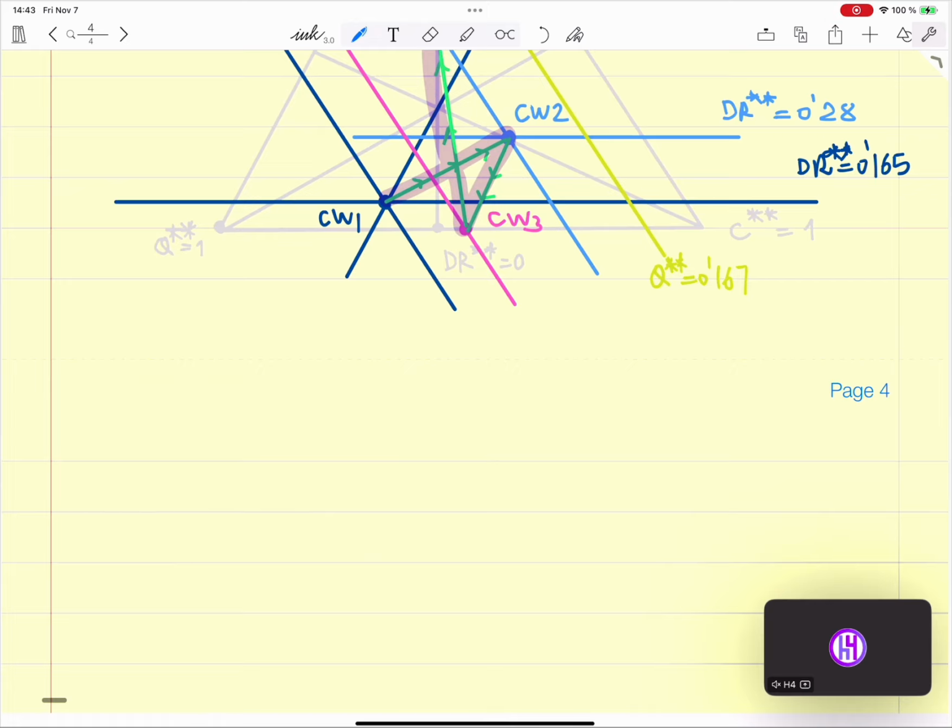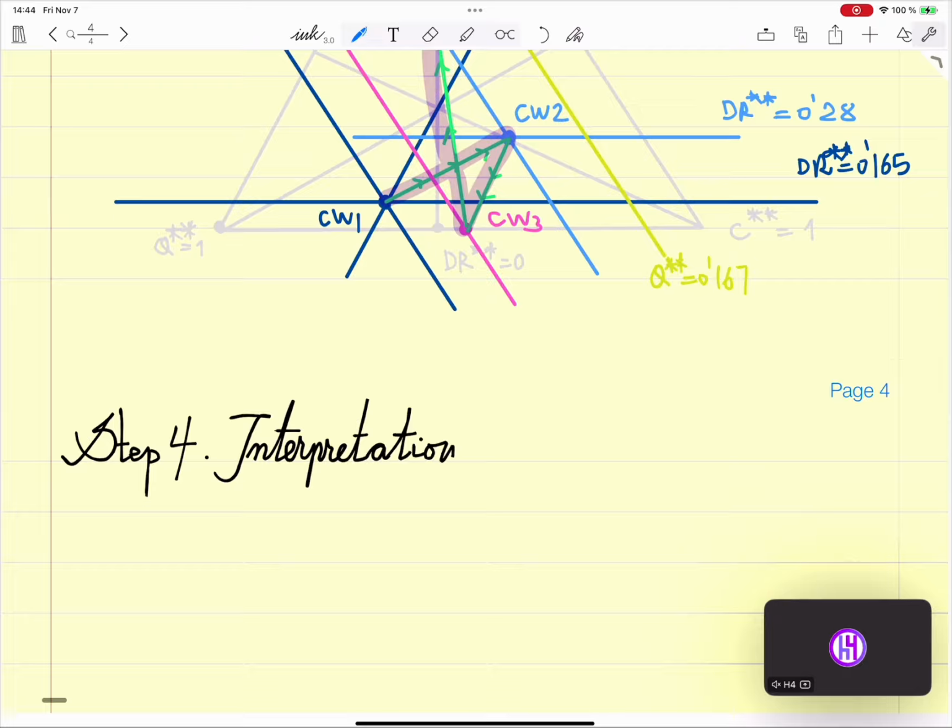So the last step is the interpretation of the dynamics.